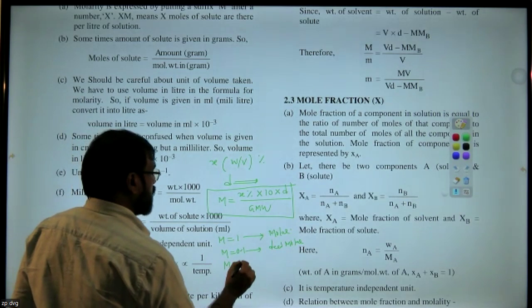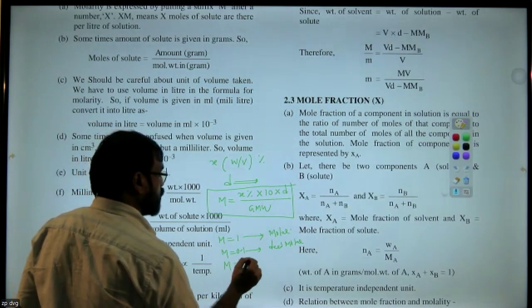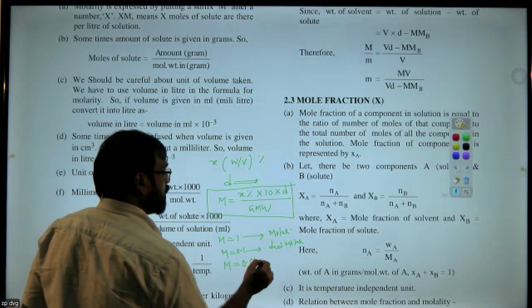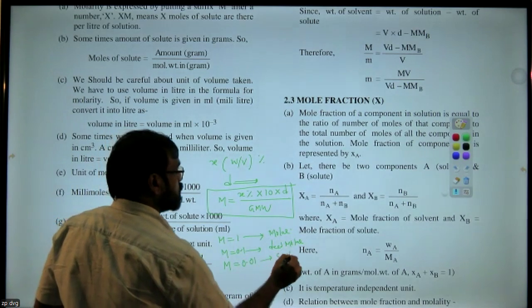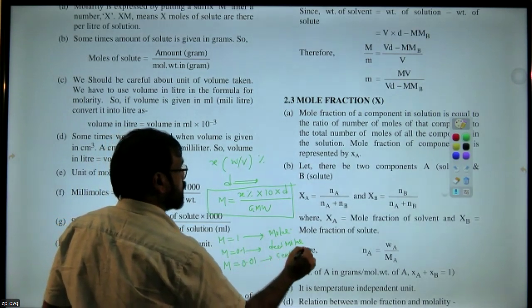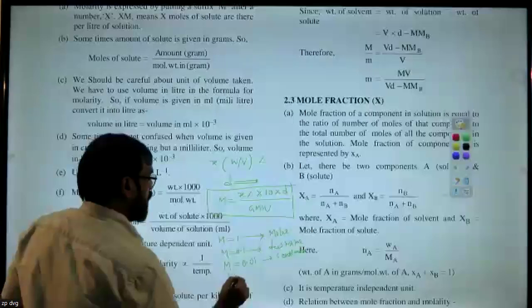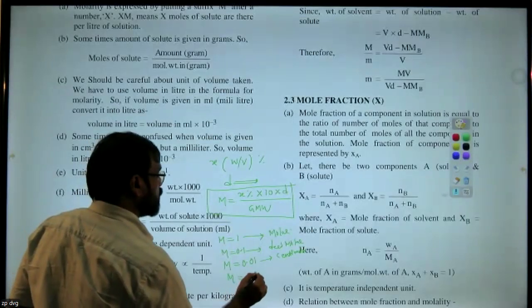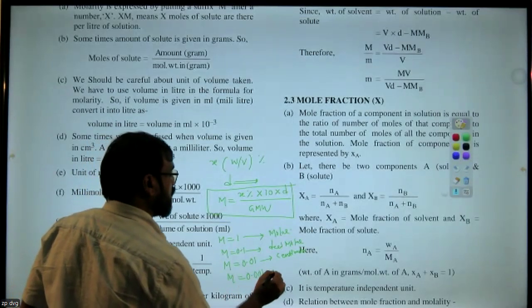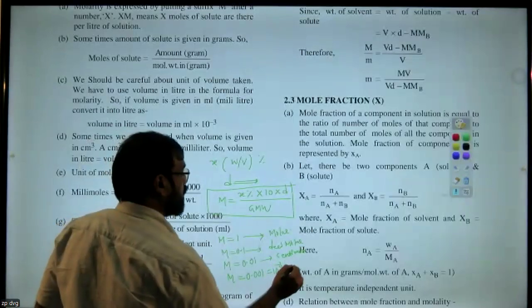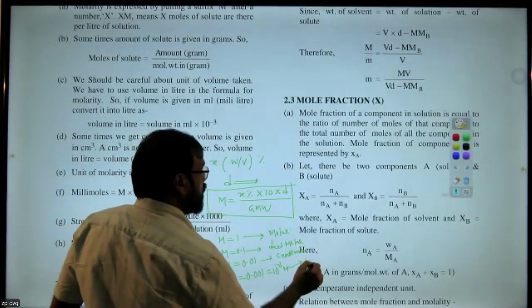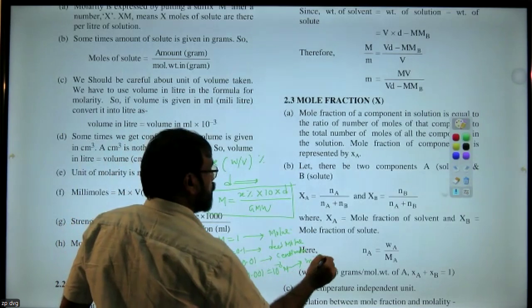If we get molarity 0.01, then it is called as centimolar solution. If we get molarity is equal to 0.001, it is nothing but 10 power minus 3 molar, then it is called as millimolar solution.